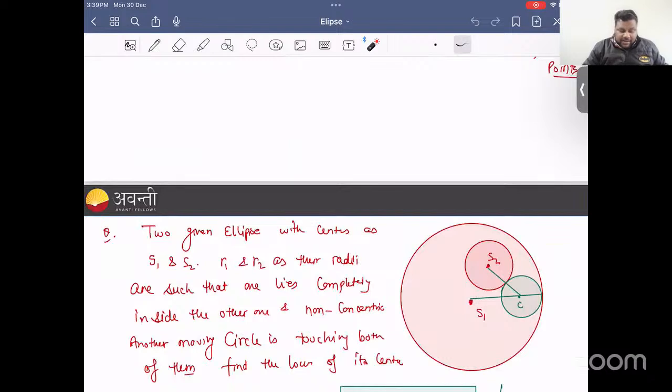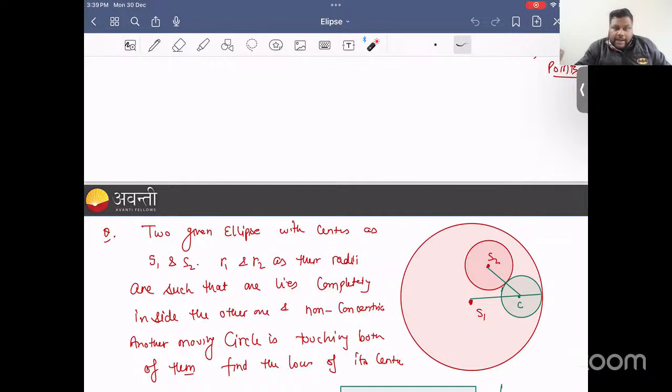Two given circles, it should be circles, not ellipse. So two given circles with centers S1 and S2, and radii R1 and R2, are such that one lies completely inside the other one, and they are non-concentric also.